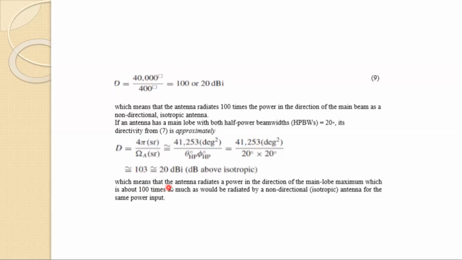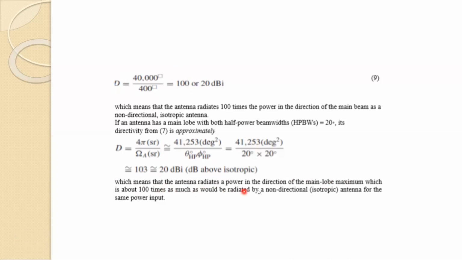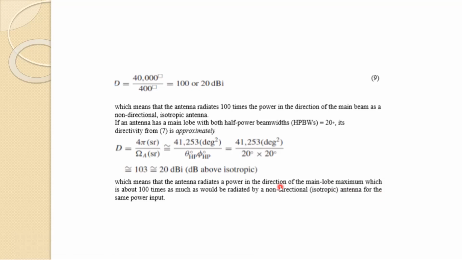So what is our conclusion? The antenna radiates power in the direction of main lobe maximum about 100 times as much as would be radiated by an isotropic antenna of the same power input. Therefore directivity shows how much power is radiated.